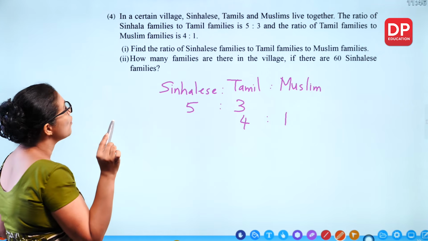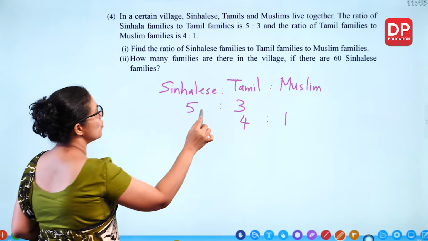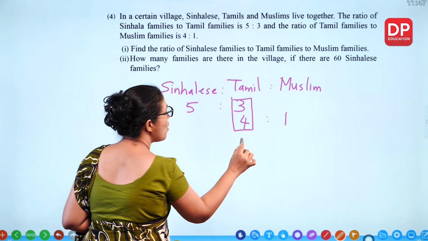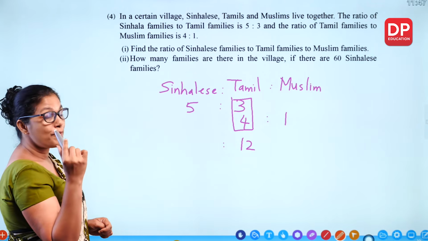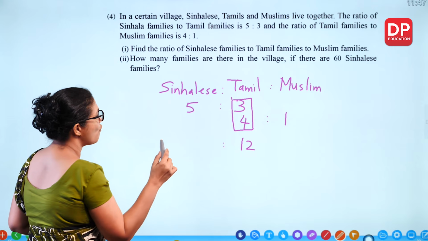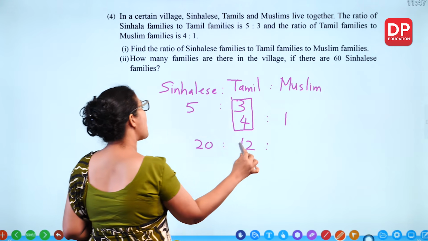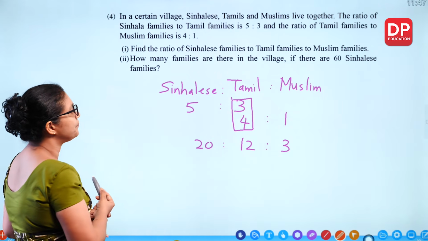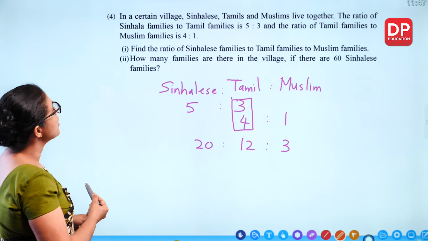And you are asked to find the combined ratio. So to find that, you need the lowest common multiple of 3 and 4, that's 12. How do you get 12 from 3? Multiply by 4. 4 times 5, 20. This one, multiply by 3. 3 times 1, 3. So the ratio is 20 to 12 to 3.